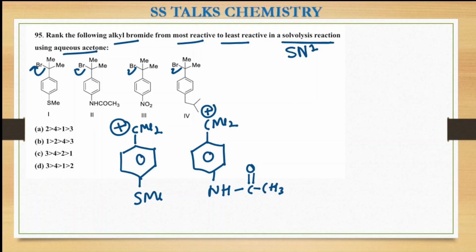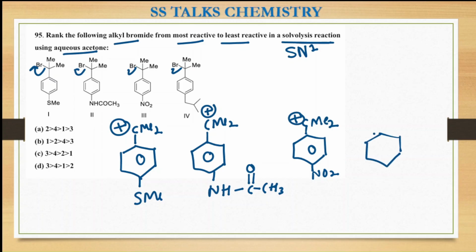In the third molecule, an NO2 group is present at the para position, and the carbocation is formed over here. In the fourth case, an alkyl group is present like this: here is your ring, and this is CMe2. In all of these, you just have to compare the stability of your carbocation.